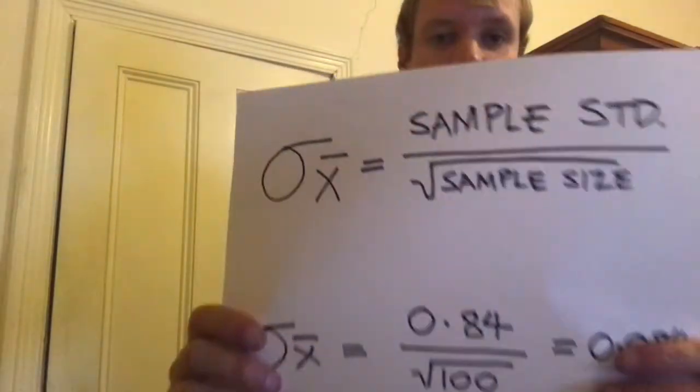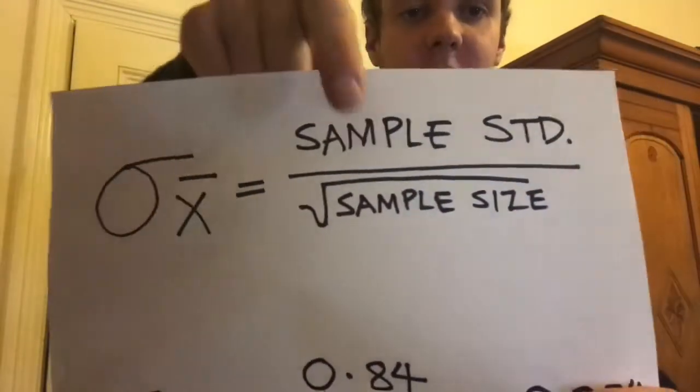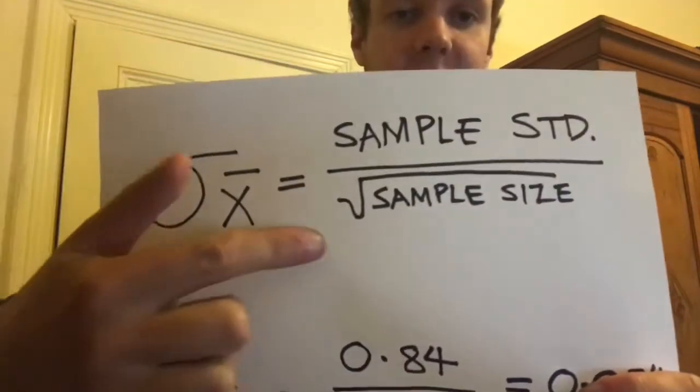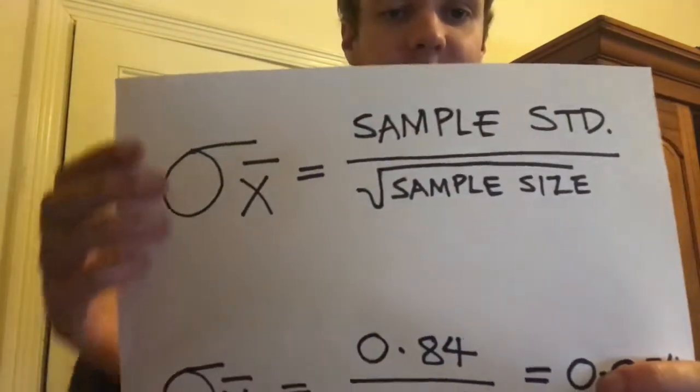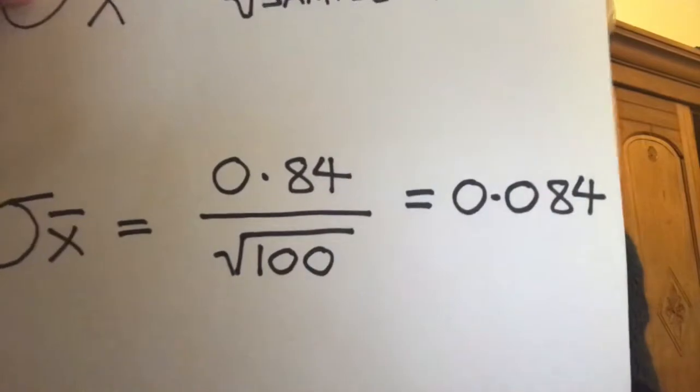So to get the standard deviation that we need, we do a quick equation. It's the sample standard deviation divided by the square root of the sample size. Ultimately, this gives us 0.084. And we're going to use this number in our second calculation, finding the z-score.